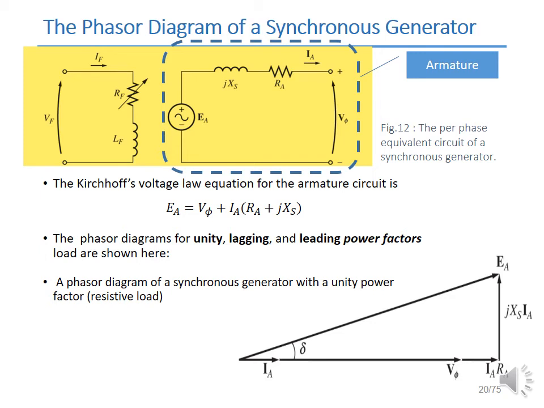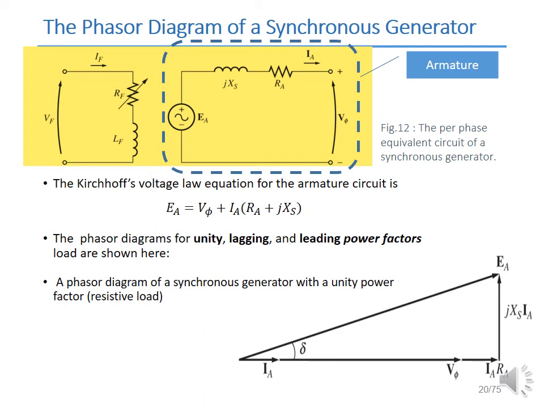For the analysis of a synchronous generator, a phasor diagram can be useful. From the per phase equivalent circuit, we can derive the KVL equation for the armature circuit as EA equals V_phi plus IA times (RA plus jXS). The phasor diagrams differ depending on whether the power factor is unity, lagging, or leading.